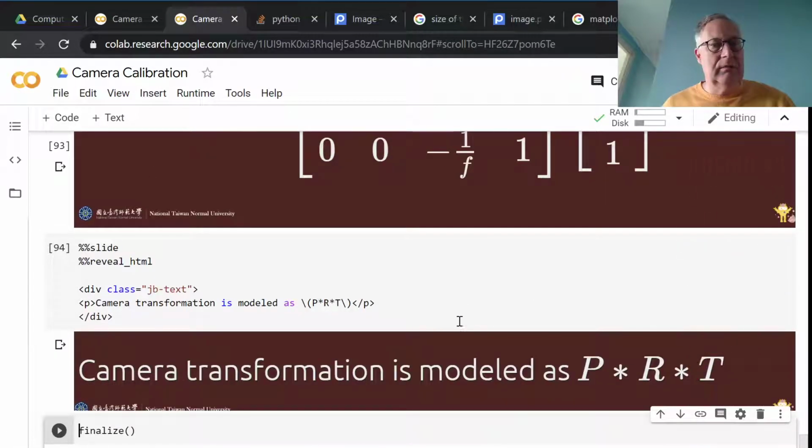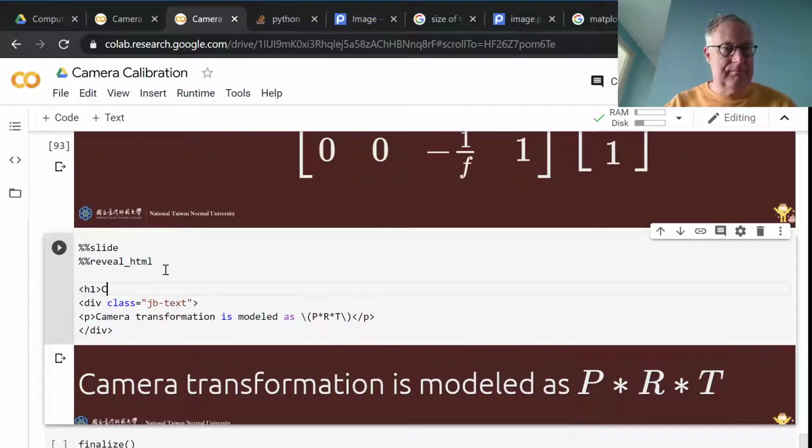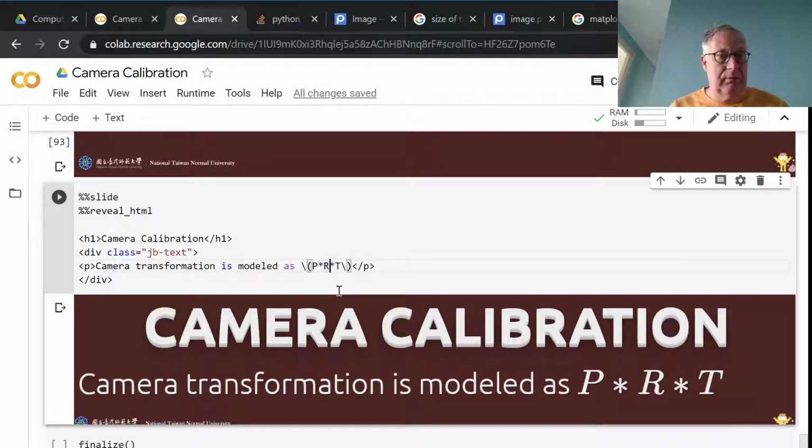I can model the camera as a compound transformation that consists of moving the camera, actually this should probably be the other way around, T and R here.